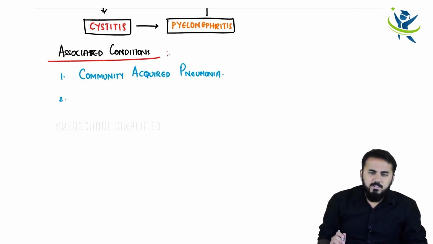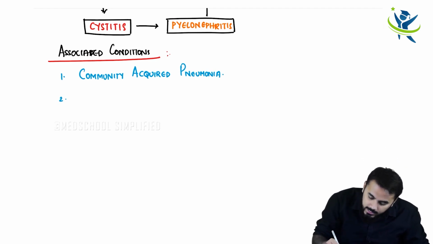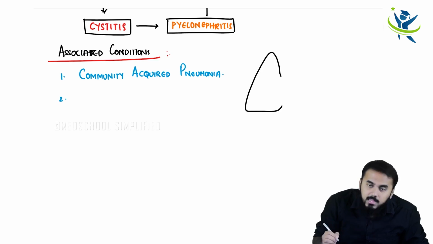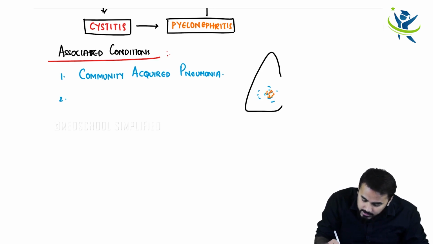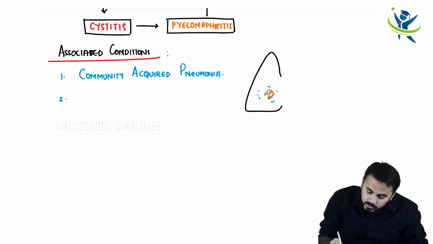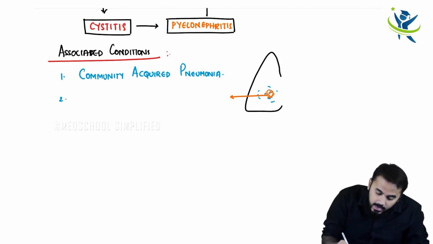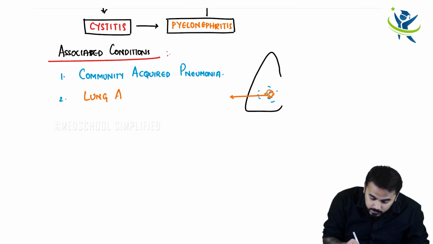Second thing, when there is infection in the lungs, let us say these are the lungs of the patient, right? When there is pneumonia in the lungs like this, don't you think there will also be an abscess that is formed, right? So this condition is called lung abscess. This second condition is called lung abscess.